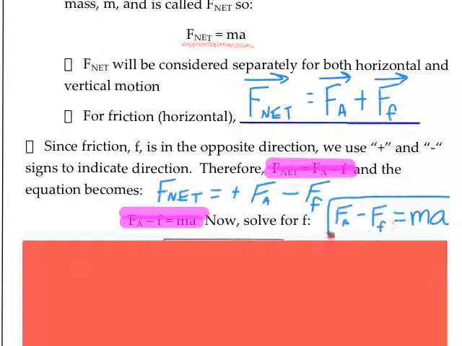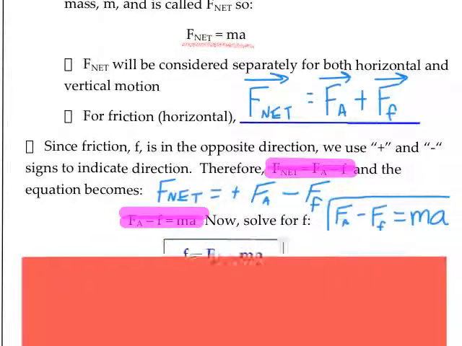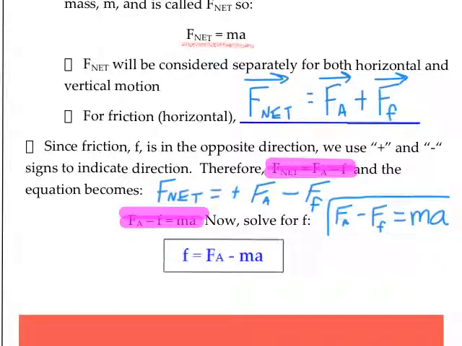F net would be looking at the forces combined together, and then the total of that would equal mass times acceleration. So what I want to do is solve for the frictional force. If I were to rearrange that, and I'm going to go back and change this notation so that it stays consistent, my frictional force would be equal to the applied force minus mass times acceleration.